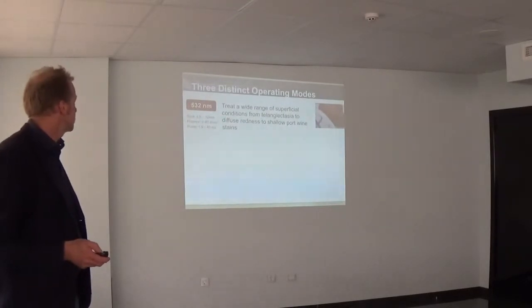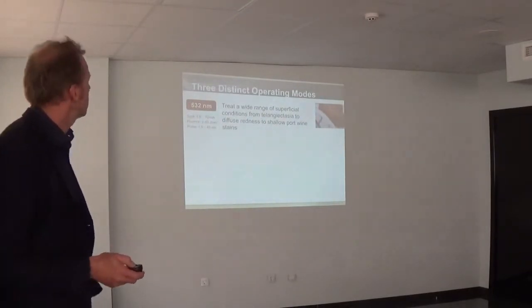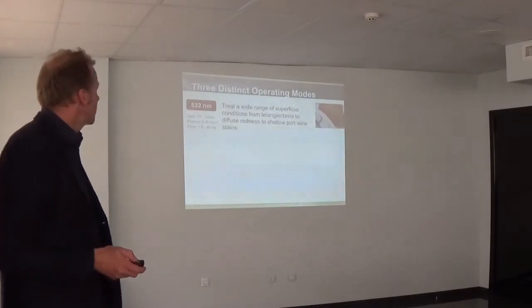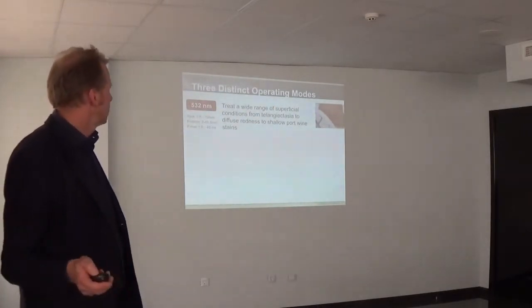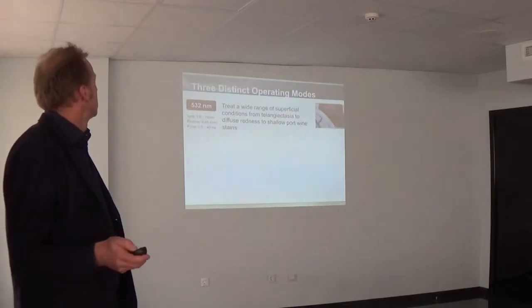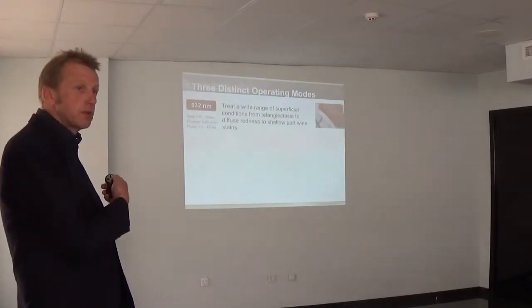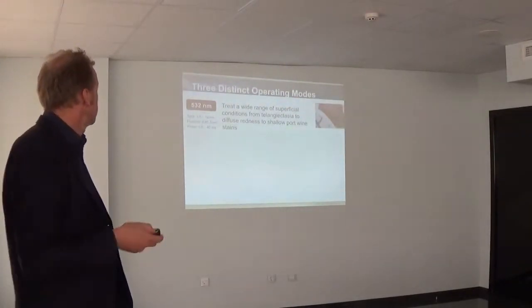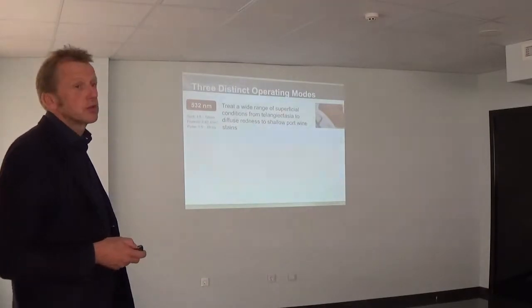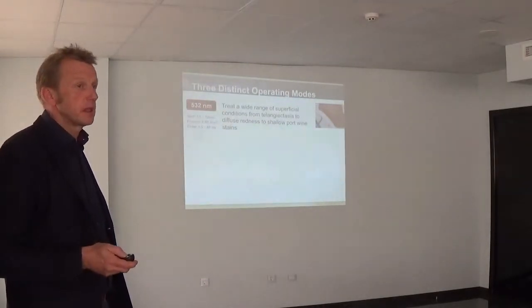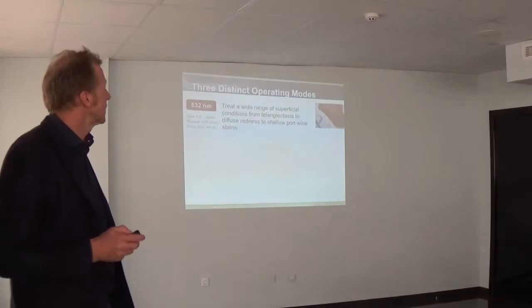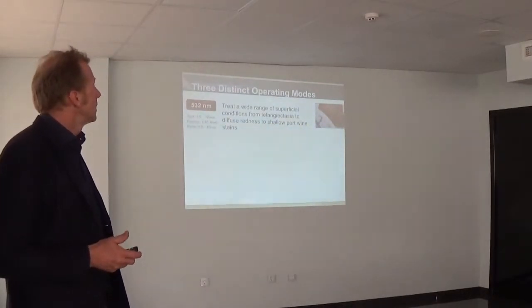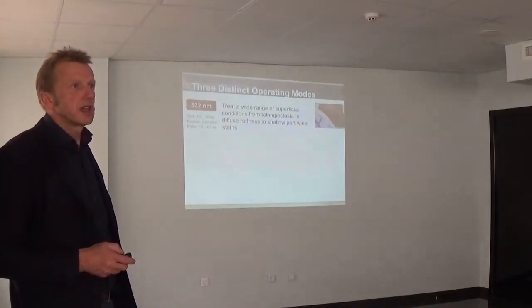So 532 is green, very bright green light. We can treat port wine stains with it. We have pulse durations from 1.5 milliseconds to 40, and we can go up to spot sizes of 12 millimeters. So the power of that KTP laser is almost 900 watts.